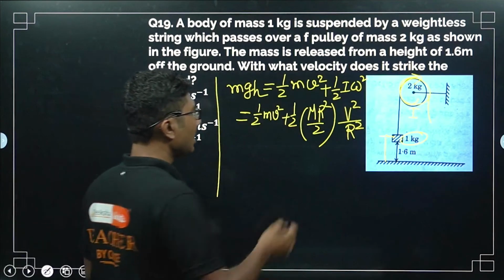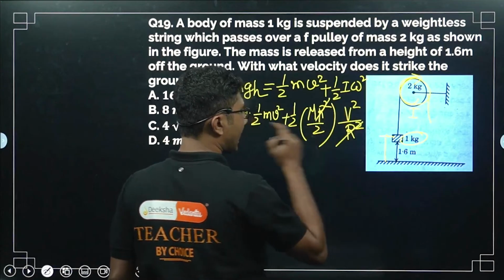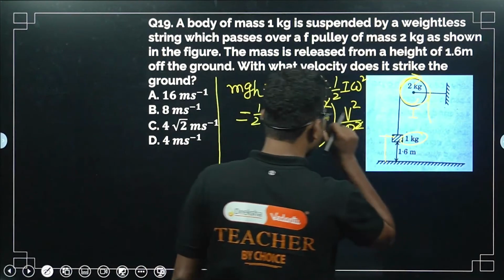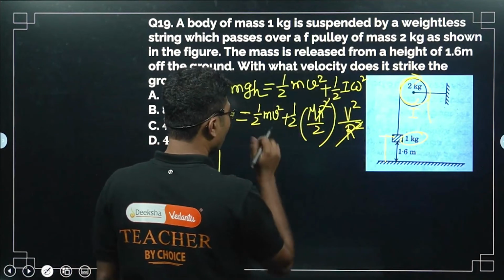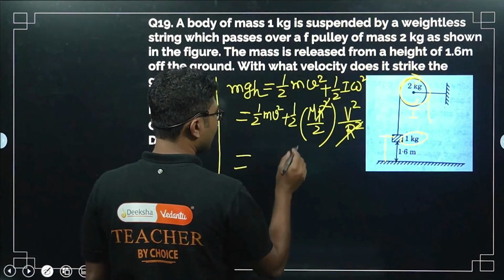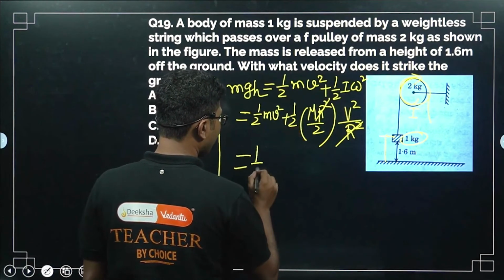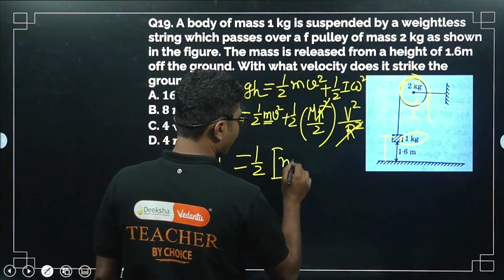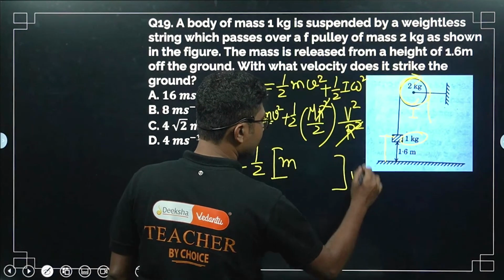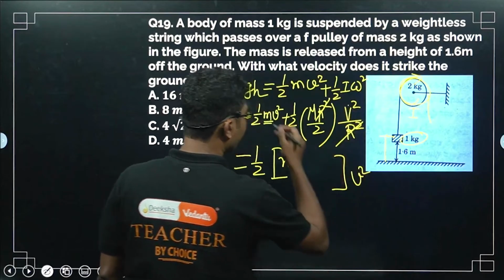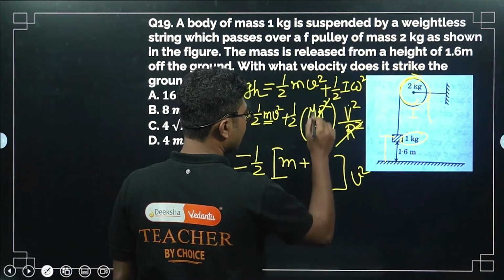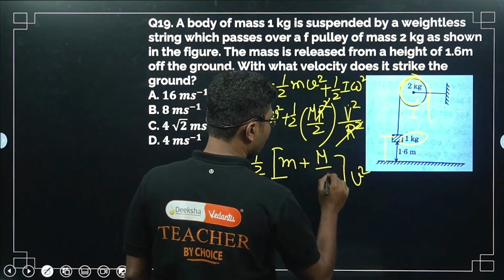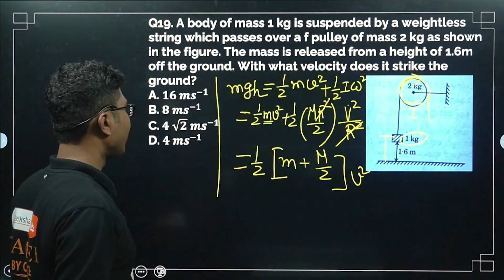You remember this formula. Now this r will cancel. So even if you don't know this r, they will cancel each other. So no worries. Now you can put the values. This half is common. Take v square as common, and here m by 2 will be left.